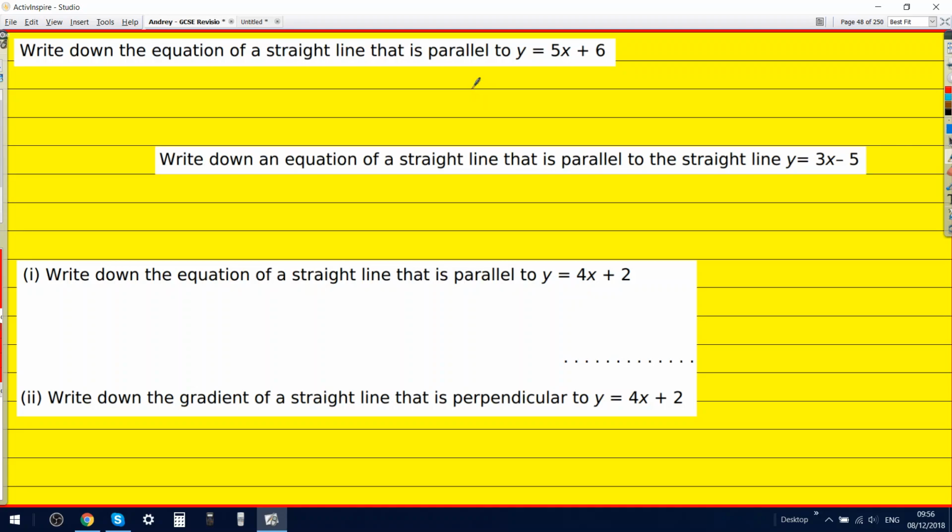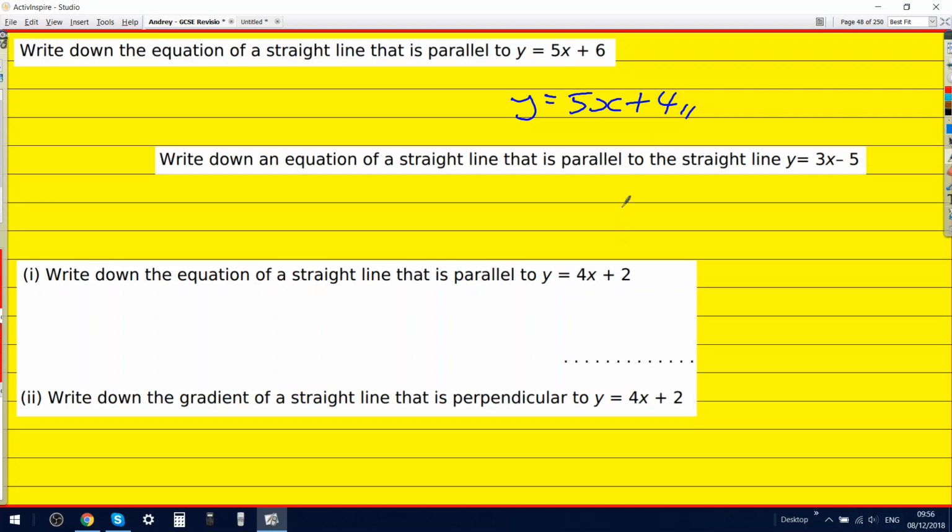No. What shows the gradient? 5. Yeah, so just any equation of a line with a gradient 5. So can I say y equals 5x plus 4 or something? Yeah, 5x plus anything.